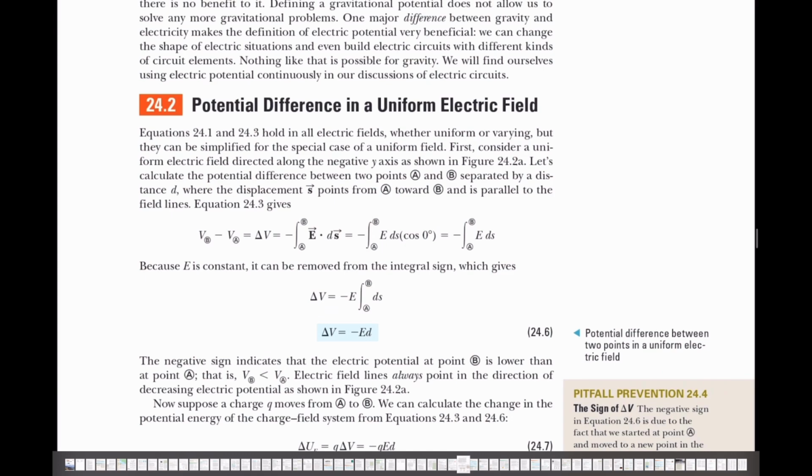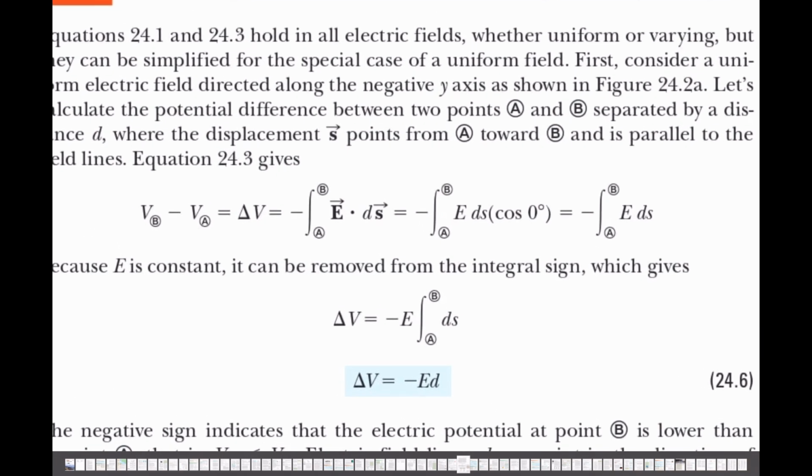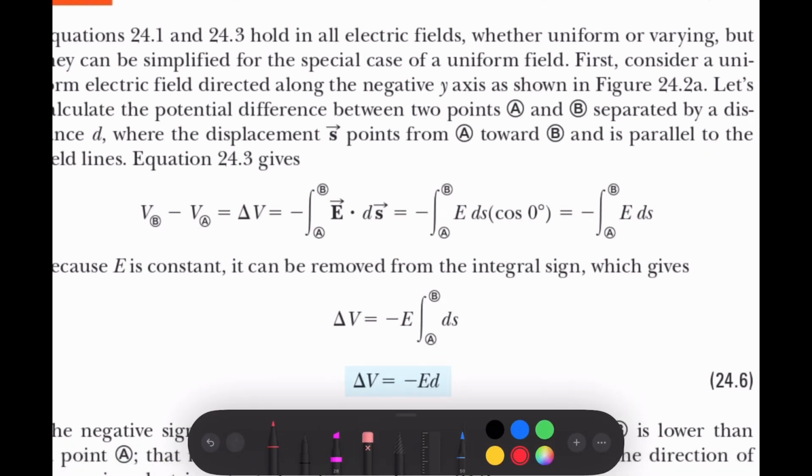So here they basically have VB minus VA, which is equal to the change in electric potential, delta V, or the voltage. And they use the equation negative integral from A to B, electric field, dot product, ds, the displacement. Then they just apply the dot product identity, which is this expansion here: magnitude of vector A, magnitude of vector B, times cosine of the angle between them.